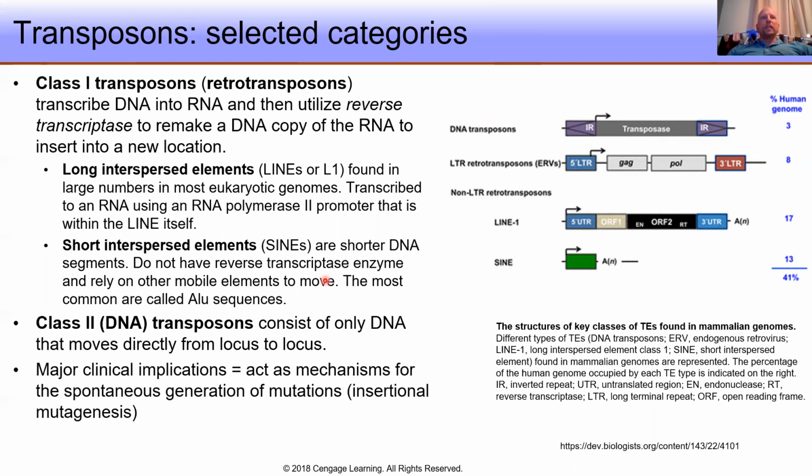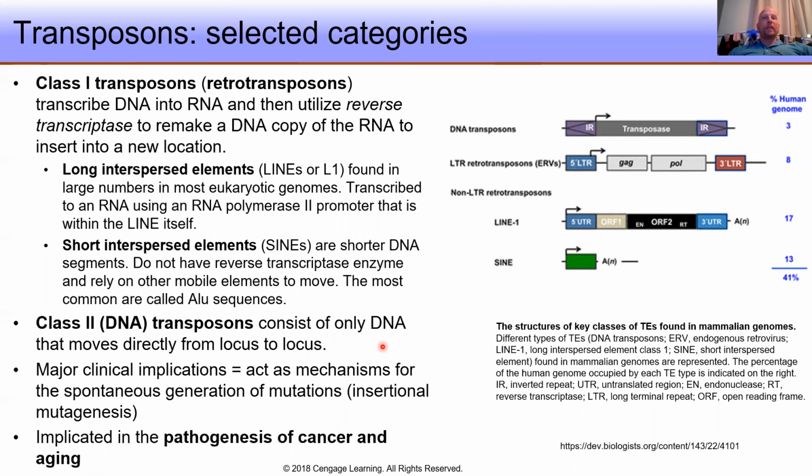So clinically, we're interested in them because they act as mechanisms for spontaneous generation of mutations. This is called insertional mutagenesis, where you can imagine that one of these mobile elements might hop into an important gene in the coding region and disrupt its function, or it might insert in a regulatory sequence and affect gene expression. This is the basis, we believe, for a number of diseases.